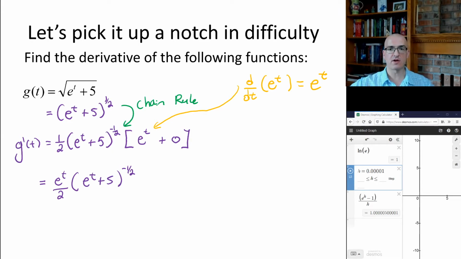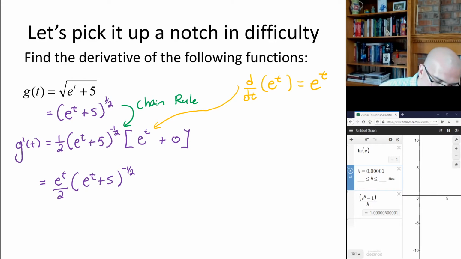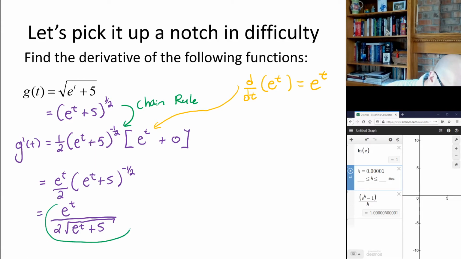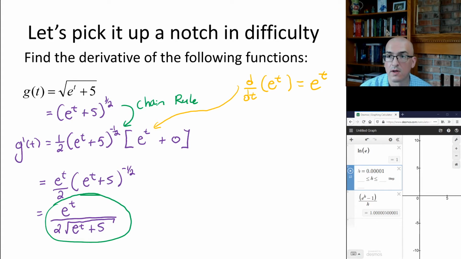Negative means bring to the denominator. So I'm going to combine both things in one step. I'm going to bring that down as a square root of e to the t plus 5. So this e to the t stays up here. The 2 stays down there, and it is joined by square root of e to the t plus 5. Okay, we'll keep going.